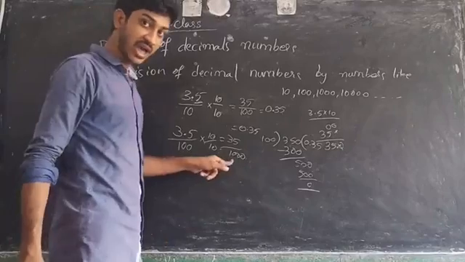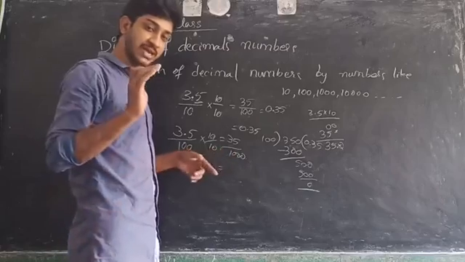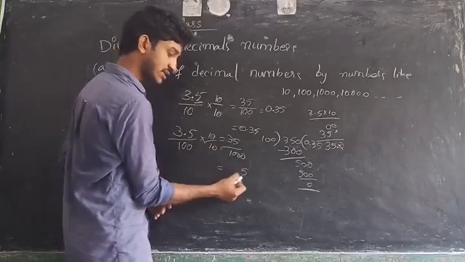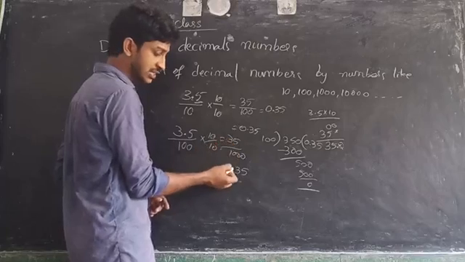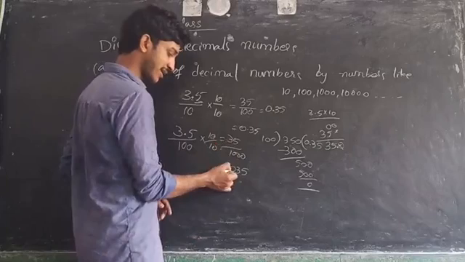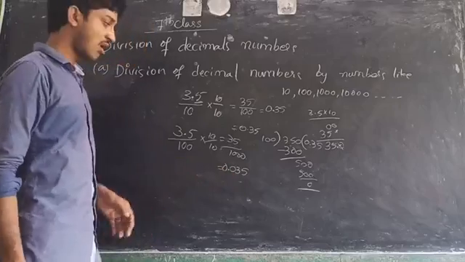In the denominator we have 1000, so 3 zeros. So put a decimal point in the numerator after 3 digits. The first digit is 5, the second digit is 3, so it has only 2 digits. That's why I am adding another digit, 0, and placing the decimal point here. So the answer is 0.035.